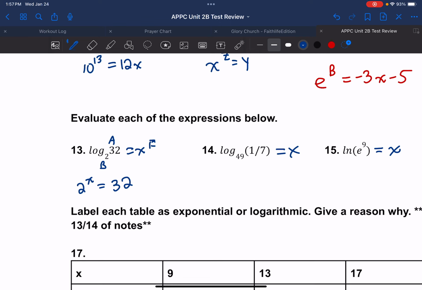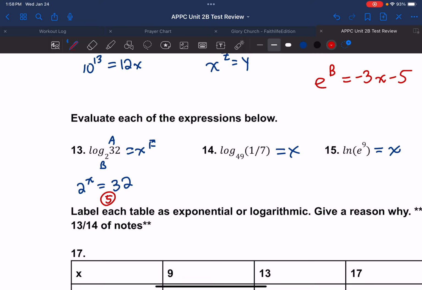And this is where it's going to be a little bit tougher because you don't have a calculator. So you're going to need to work on this. If you don't naturally know it, you can just count. 2 times 2 is 4. Times 2 is 8, and I'm counting on my fingers right now. I've got 3 up, times 2 again is 16. That's 4 times 2 again, that is 32, and that's 5. So evaluating this gives me 5.